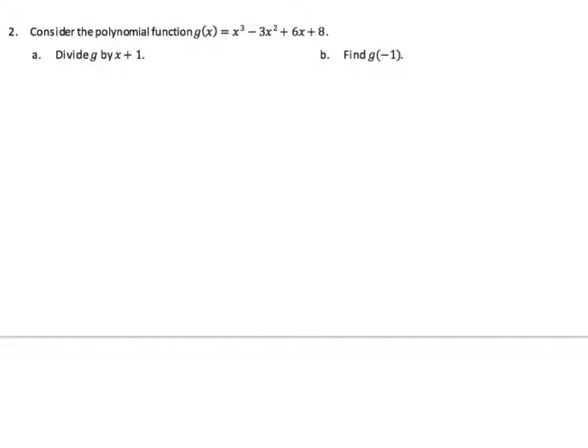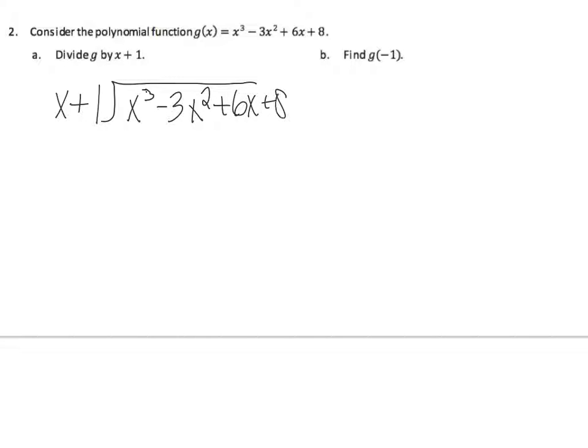Okay, consider the polynomial g of x, and then divide g of x by x plus 1. You could fast forward this if you've got division. It's x to the third power minus 3x squared plus 6x plus 8.